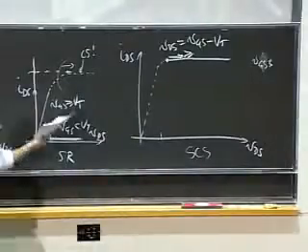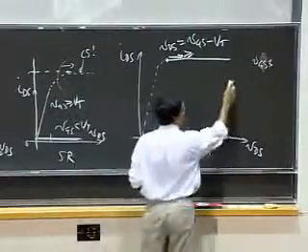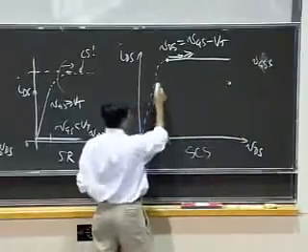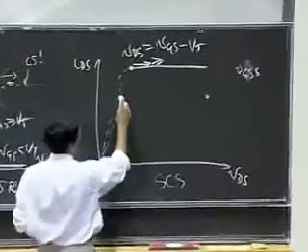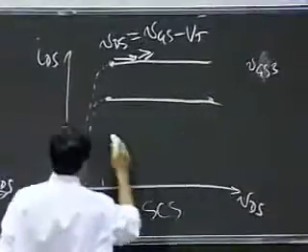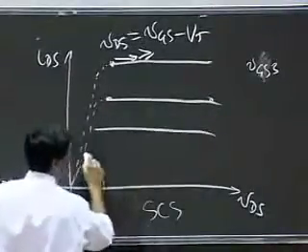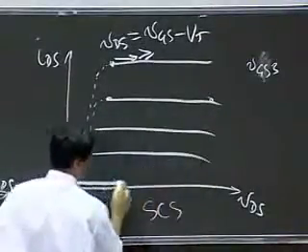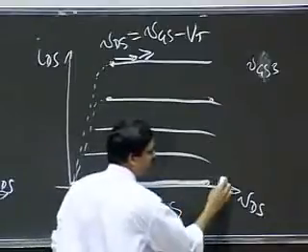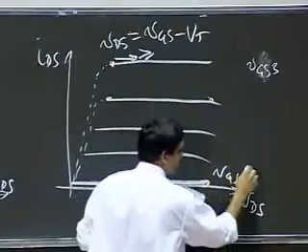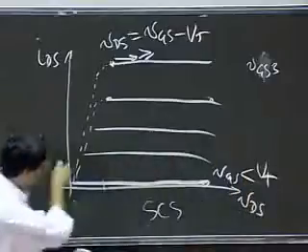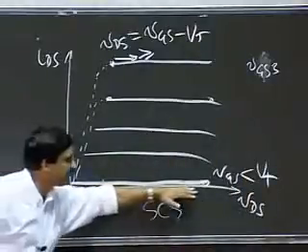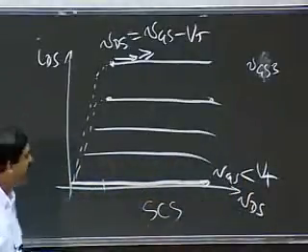Okay, similarly, for various other values of VGS, it'll look like this. And so on. And it behaves like an open circuit as before when VGS is less than VT. When VGS is less than VT, it is still behaving like an open circuit.